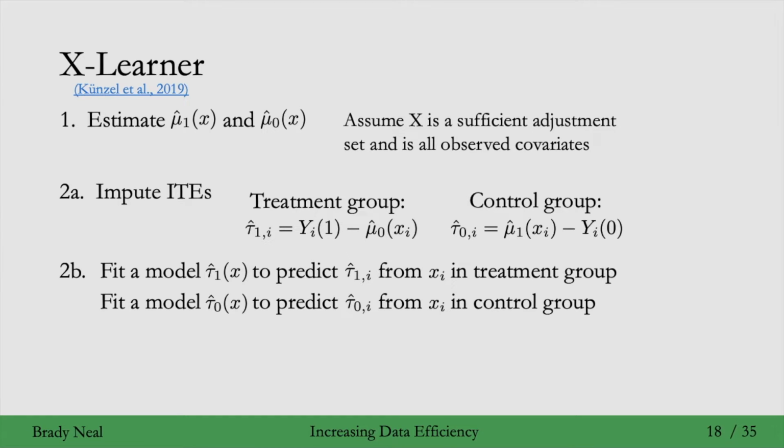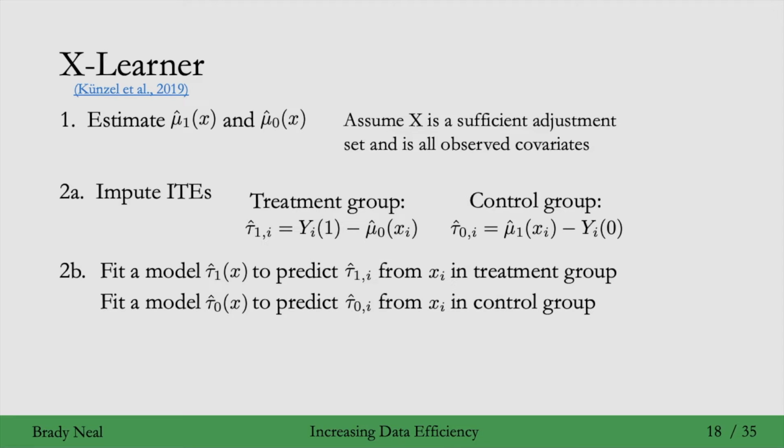Then we do the exact same thing with the tau0 i hat data that we add here. And that gives us another way to estimate the conditional average treatment effects, tau0 hat of x. So we now have two different estimators of the conditional average treatment effect, tau1 hat and tau0 hat.